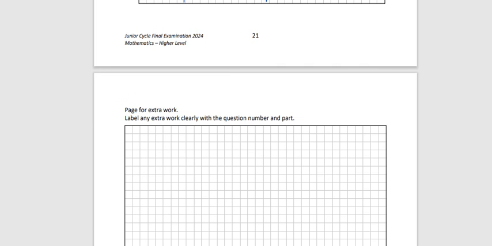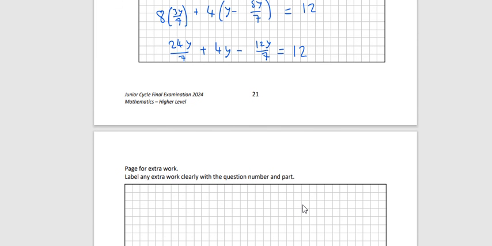I'm going to continue on down here because I'm running out of space. I want to get rid of that 7 on the bottom. I'm just going to multiply everything by 7. Then I will get 24y plus 7 4s are 28, 28y minus 12y is equal to 7 times 12 is 84.